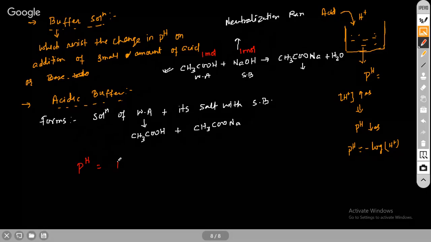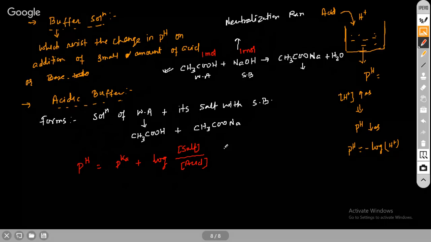That will be equal to pKa plus log of concentration of salt by concentration of acid, right? This is the formula we have.